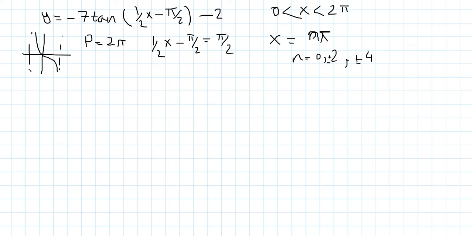You know at y equals 0 you can have an intersection with the new x-axis. The new x-axis is shifted to minus 2, and at x equals pi you have an intersection with the new x-axis.